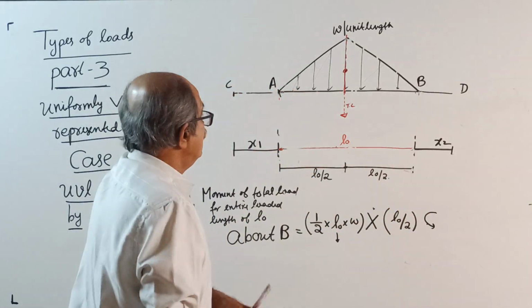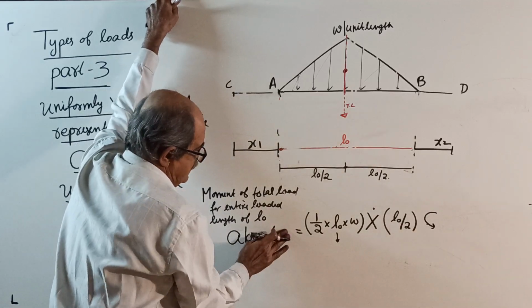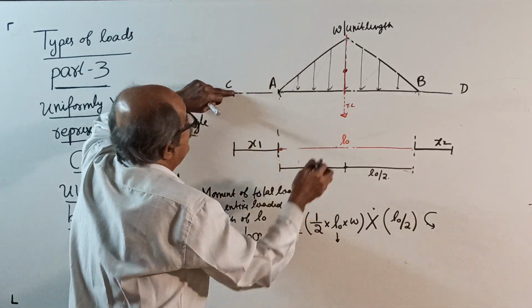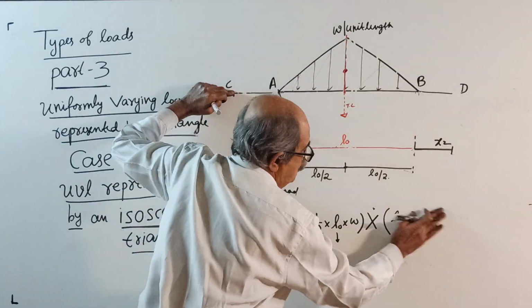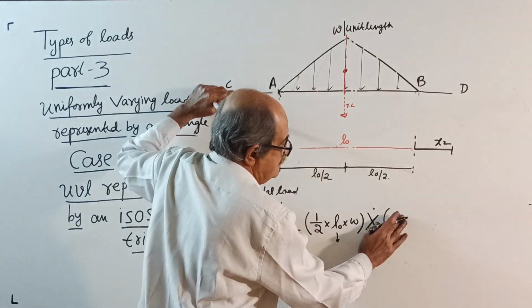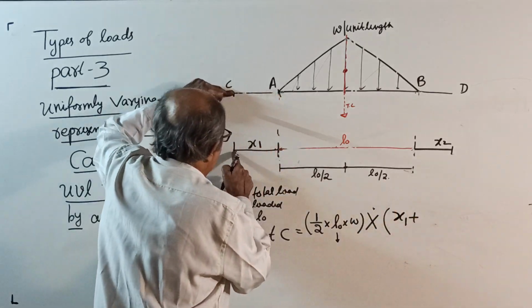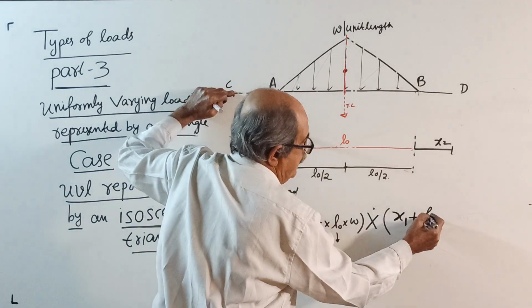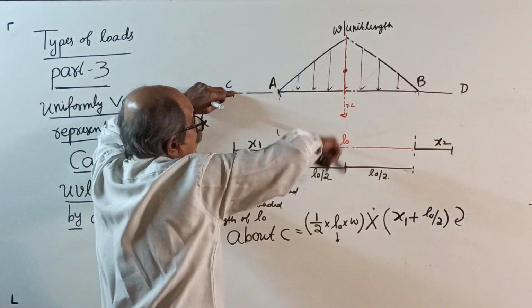Now write once again below, moment about C: total load, same, half into L naught W into X1 plus L naught by 2, clockwise.